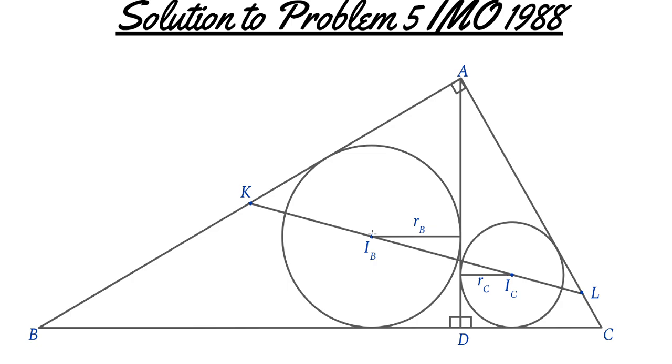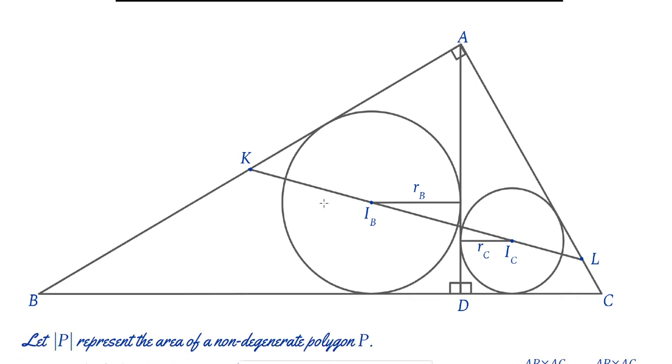Now there's a simple formula to find the inradius of a triangle, and using that we can use some coordinate geometry, which I like a lot, to find the coordinates of IB and IC, and then we can derive the equation of this line, see where it meets AB and AC using the intersection of lines method, and then by finding these points we'll be using the area formula, finding the area of AKL, and then find the area of ABC, and then we can figure it out.